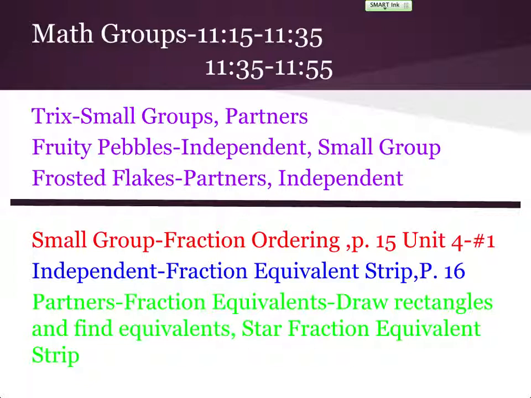And then in partners, yesterday, you were told to write on the back of your paper 4 different fraction equivalences that you were supposed to work on. You are going to draw rectangles and find equivalences for 1/4 on Educreations. And then you're going to start your fraction equivalent strip with your partner until we switch.